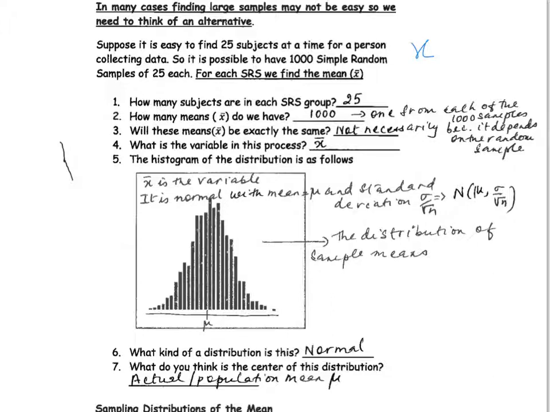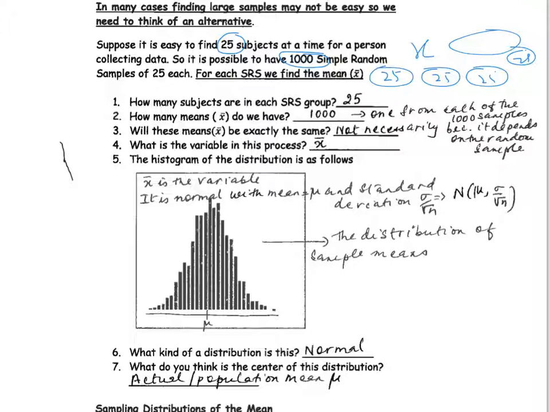Now suppose we find multiple samples, 1000 samples, simple random samples, so unbiased samples, each containing 25 people.